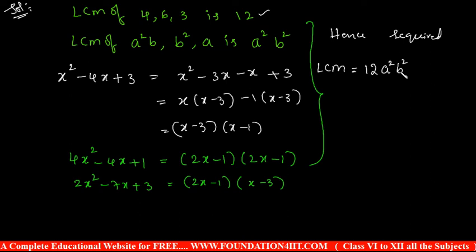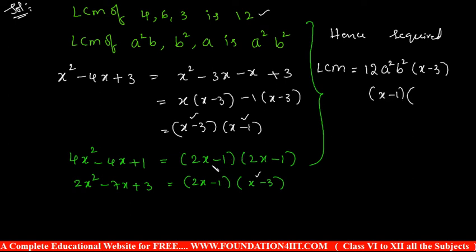Next you see the factors x minus 3, x minus 1. x minus 3 is here and there is one more x minus 3 here. Okay, once only we can take x minus 3. Next, x minus 1 here. There is no x minus 1 again anywhere. So you should take x minus 1.